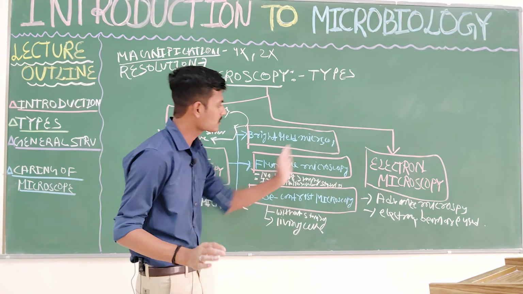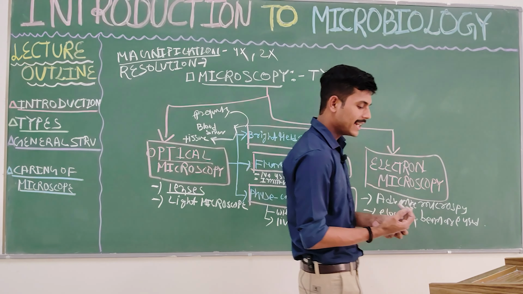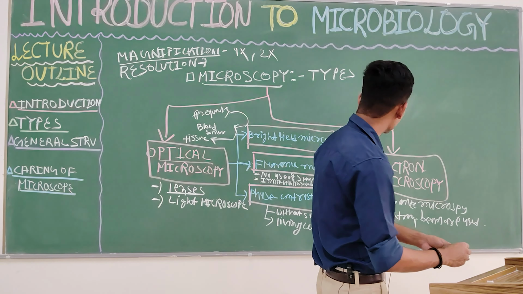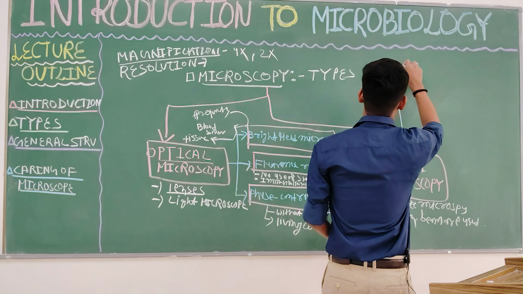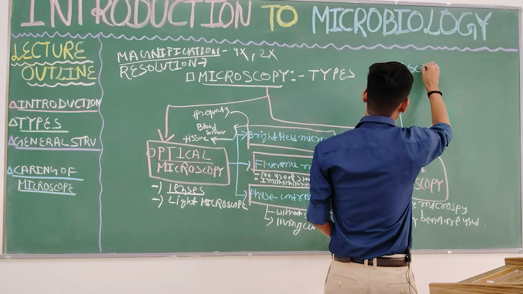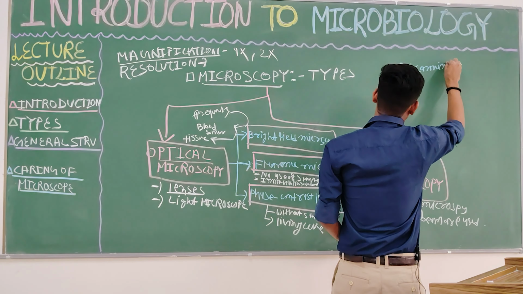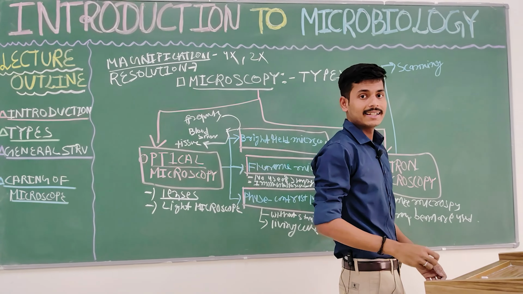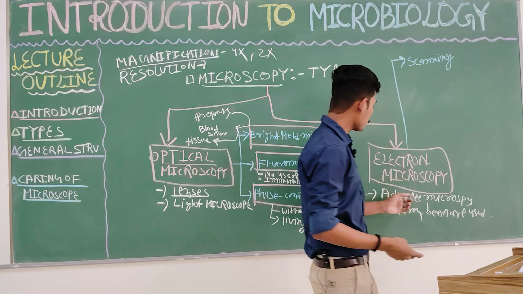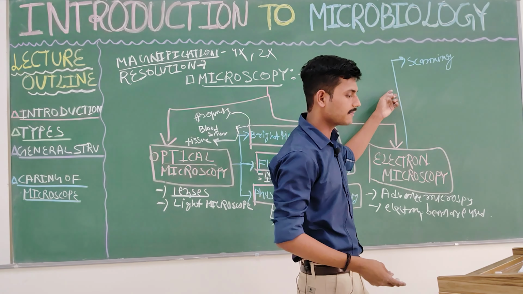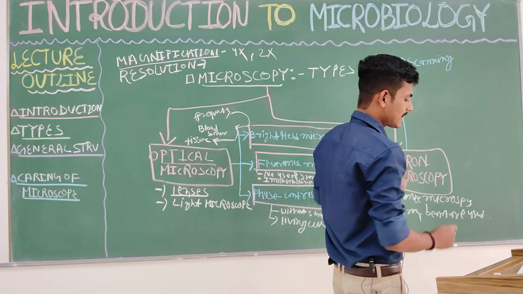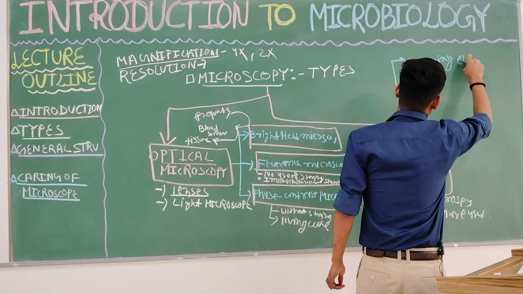No problem. Now let's switch to the electron microscope. Electron microscopes are mainly of two types. The first type is called the scanning electron microscope.